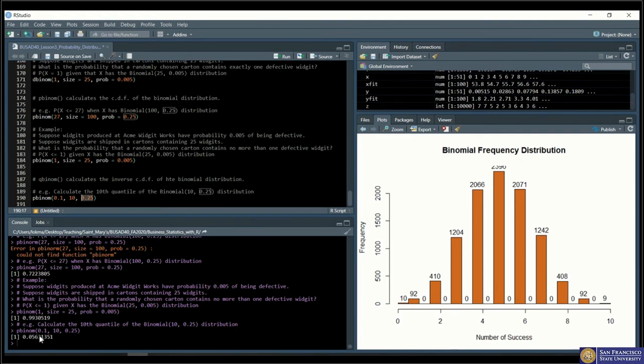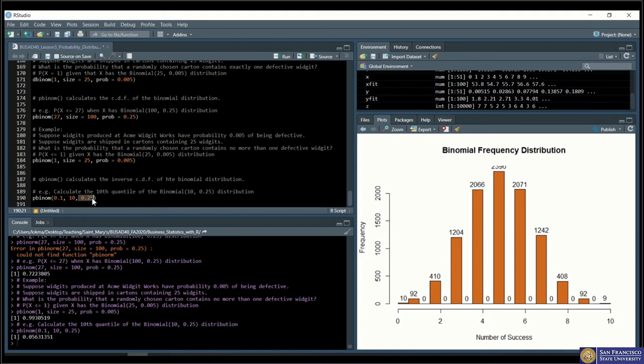Remember, this is a location of your distribution. In this case, it's very far from the mean value, because the mean will be 10 times 25%, so it's going to be centered at 2.5. So 2.5 is the middle point, or the mean, of the distribution.